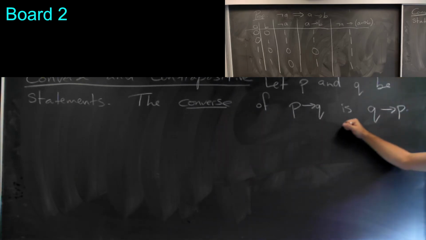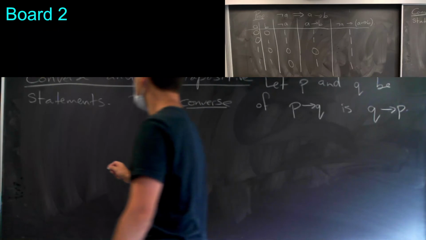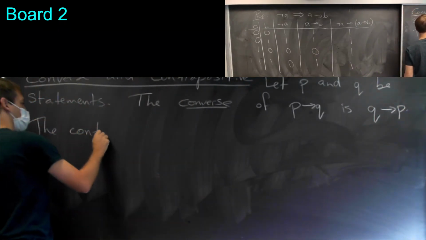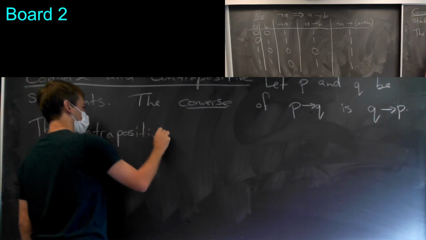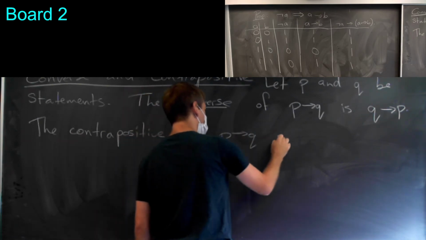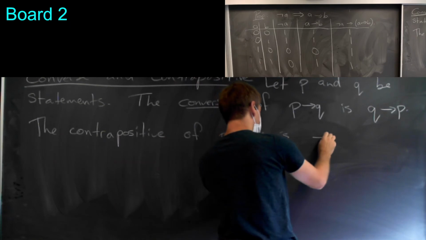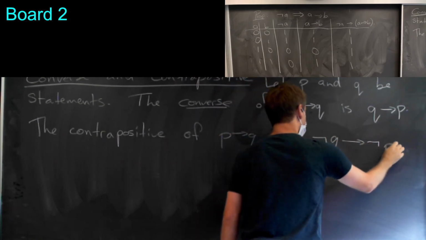So if I just flip the implication, that's the converse. The contrapositive of P implies Q is, and this is going to seem strange, not Q implies not P.